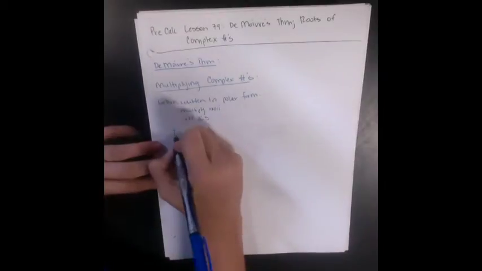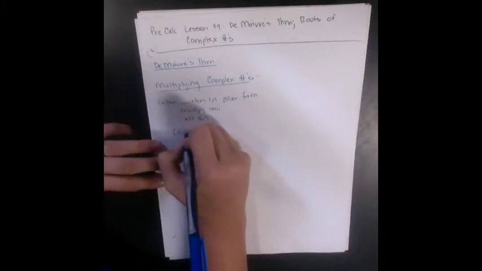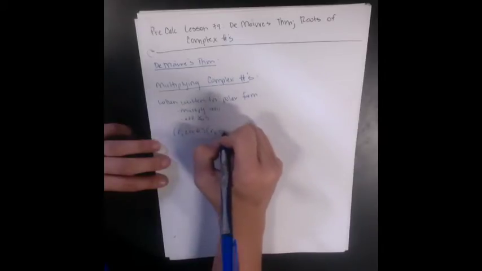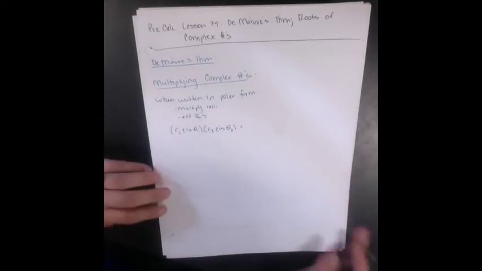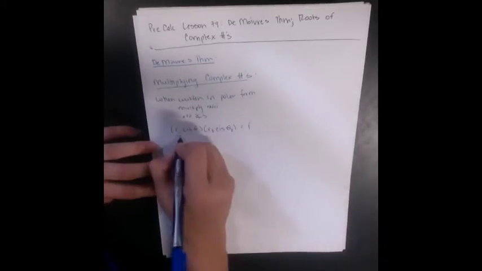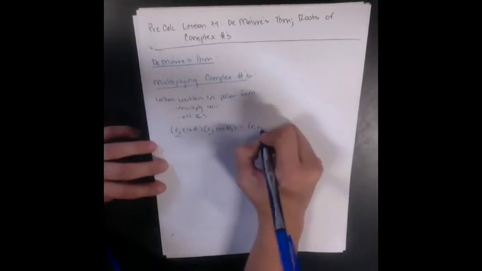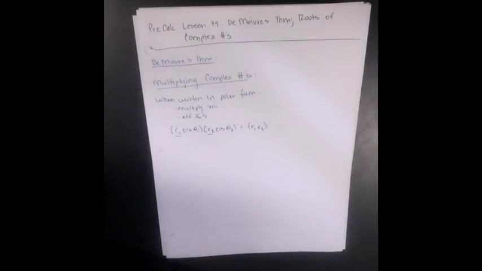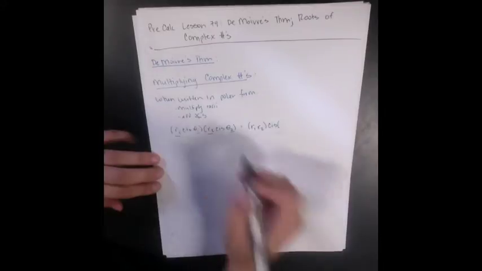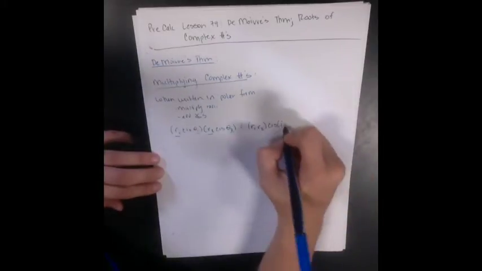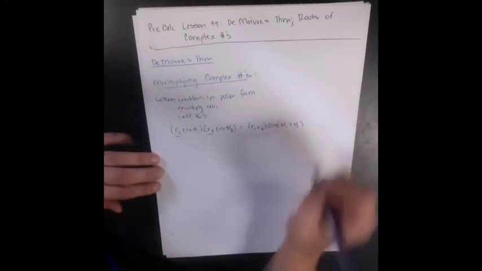So for example, if we have r1 cis theta 1 times r2 cis theta 2, then we multiply our radii, so r1 times r2, and then we have cis of our angles added, theta 1 plus theta 2.